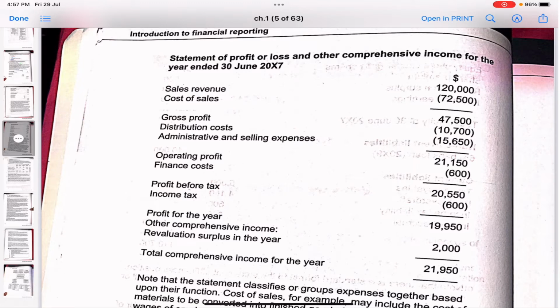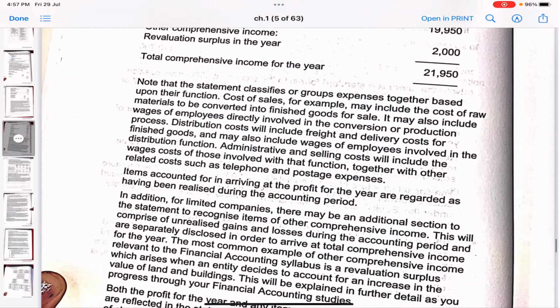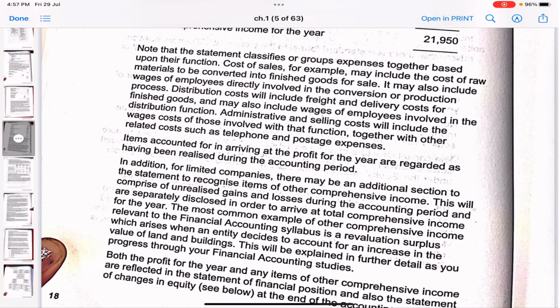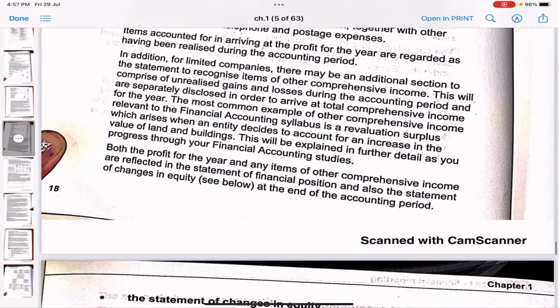Right now, don't get confused looking at these comprehensive terms, because we'll be looking at each one of them in a further chapter. Note that the statement classifies or groups expenses together based upon their function. Cost of sales, for example, may include the cost of raw materials to be converted into finished goods for sale. It may also include wages of employees directly involved. So yes, you group similar kinds of expenses together in the P&L.